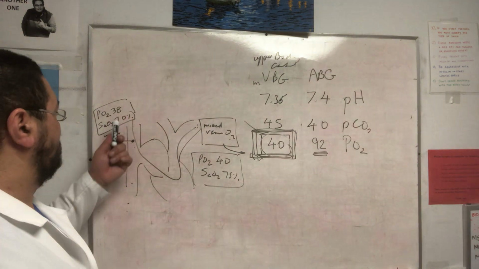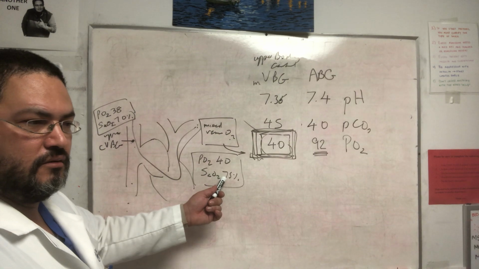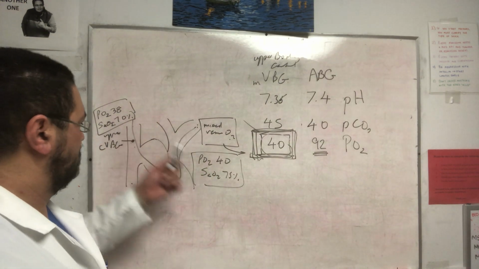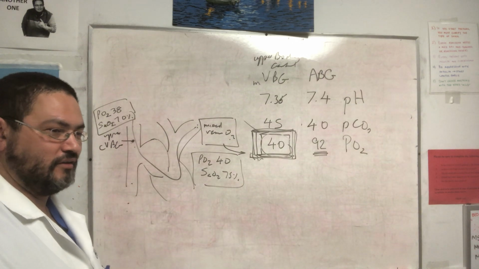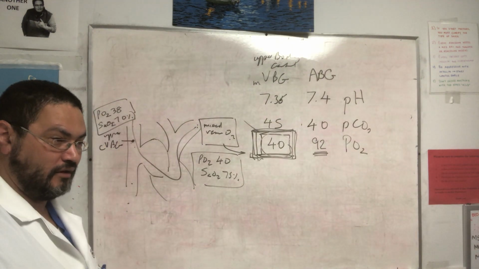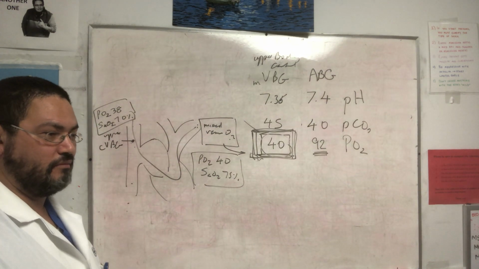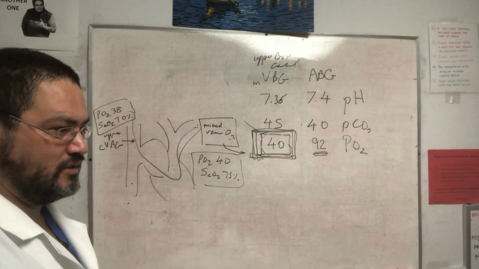So why is this lower than this? Can somebody tell me? Because the brain uses more oxygen than all the other parts of the body. So that's why it comes out so desaturated from the brain, and from the lower part probably comes out higher, maybe 80% or something, and they mix together, it comes out 75%.